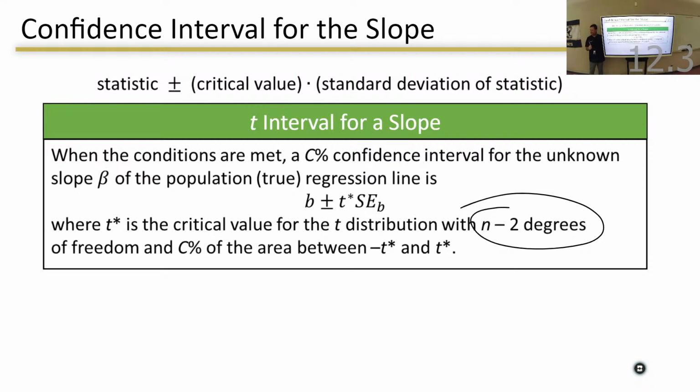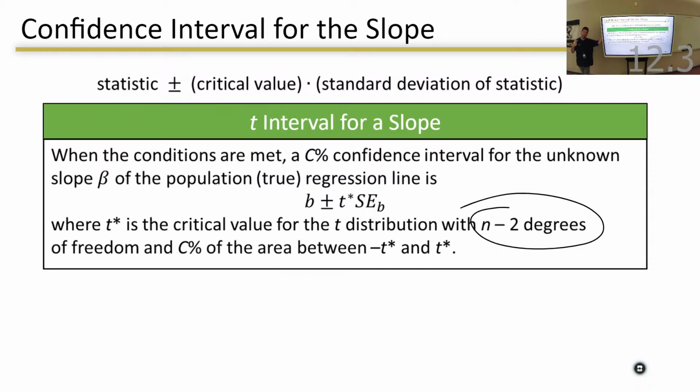DF, n minus 2, not n minus 1. If you can remember that, that will more than likely get you everything you need to know on the AP test. Every AP question I've seen with slopes or testing had to do with that n minus 2. Finding the critical value, you had to know that the DF was n minus 2, not n minus 1.